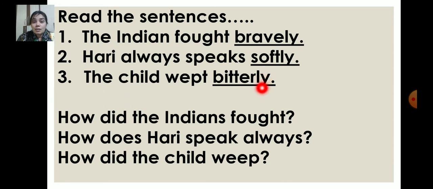So it's an adverb of manner. The child wept bitterly. So how did the child weep? Bitterly. Means very badly the child was crying. So bitterly is an adverb of manner. If you get the answer for how, it is the adverb of manner.